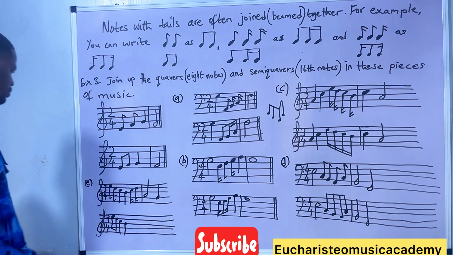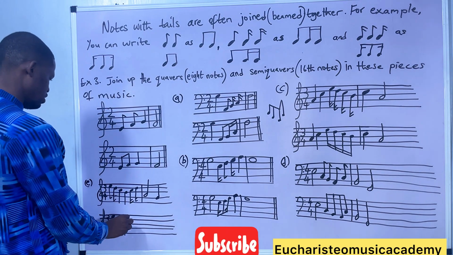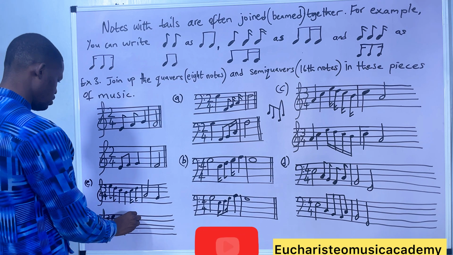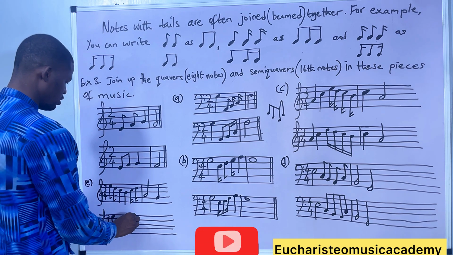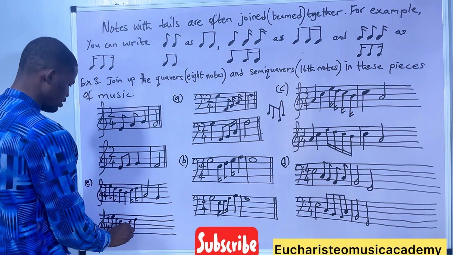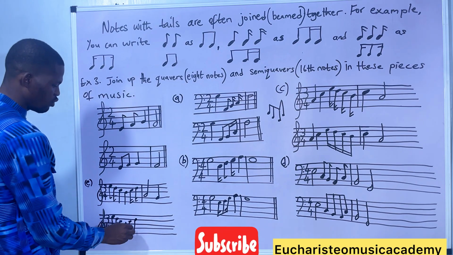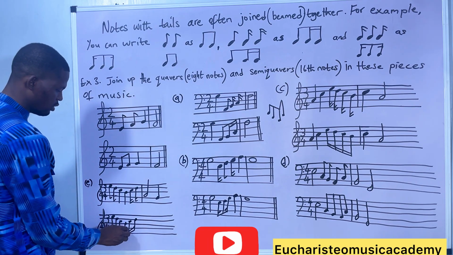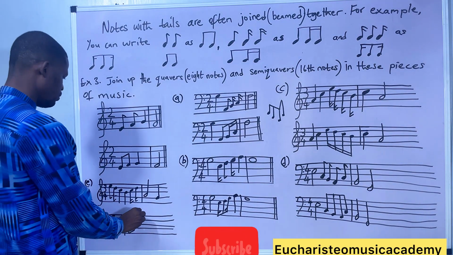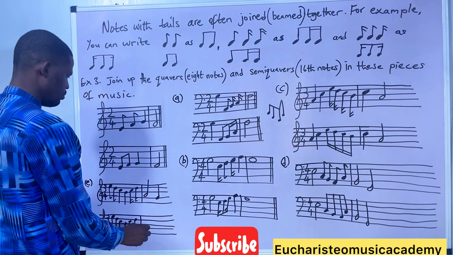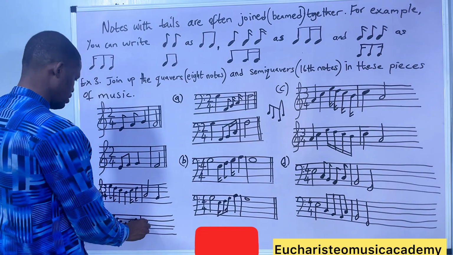Excellent. Now one crotchet is there, then this is the beam for the quavers, because it's the same quaver on two things. So it's again down, and follow with our bar line, then your minim.